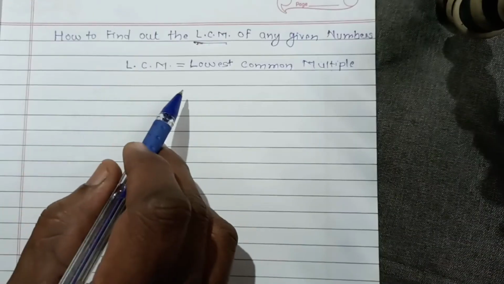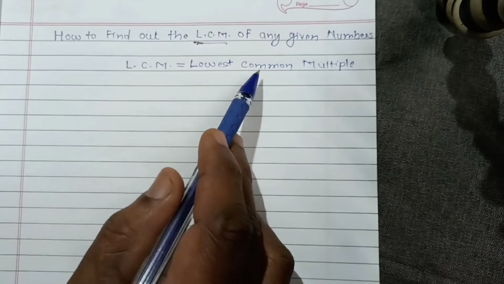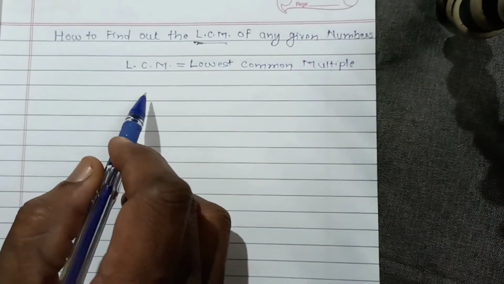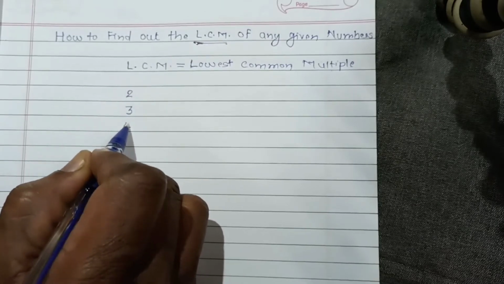Now let us try to understand the meaning of each word: lowest, common, and multiple. To understand the meaning of all these three words, let me write the table of 2, then 3 and 4.